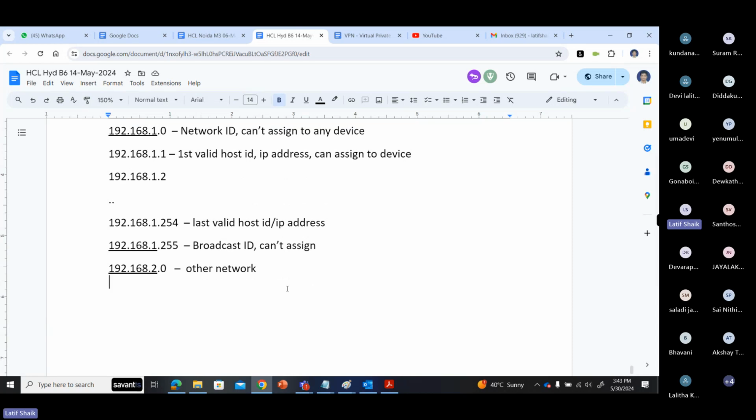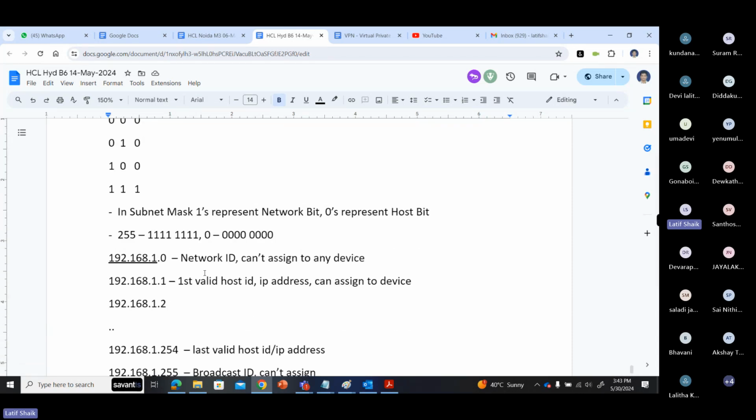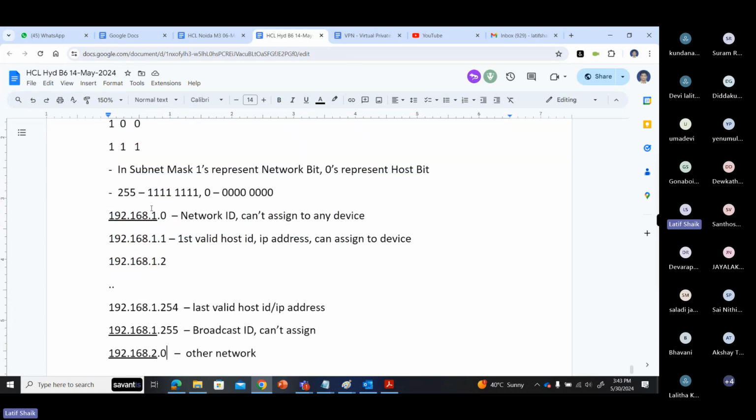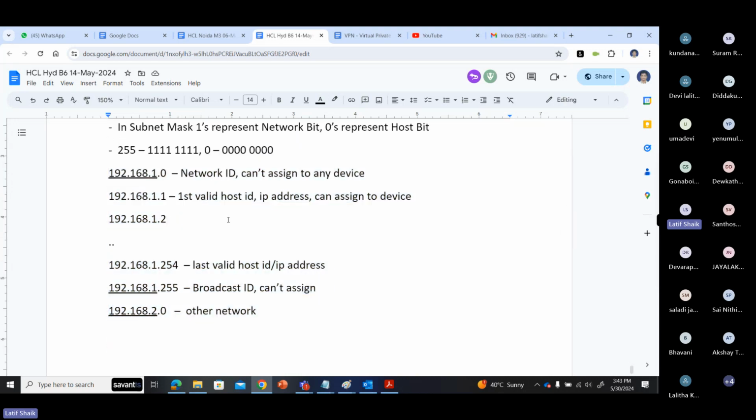Okay. So if you take a network, from the very first to the last one before changing into the other network, this is entirely your network. The very first one is your network ID. The very last one is your broadcast ID.